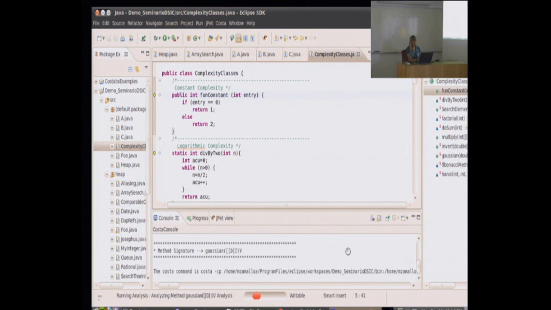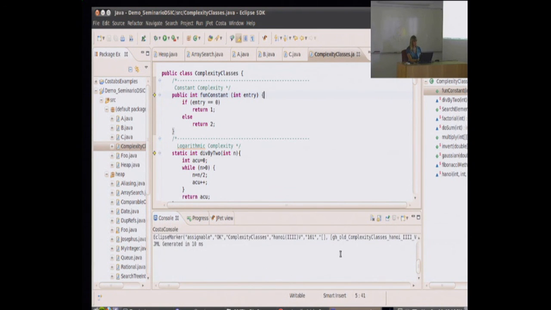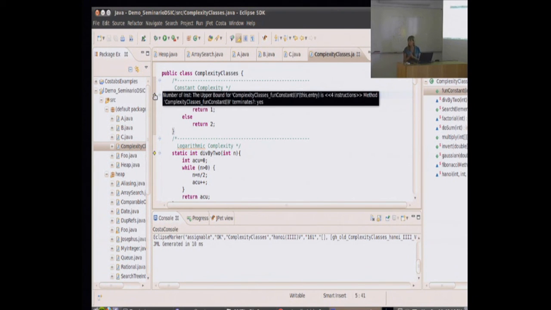So it has started here, and it is analyzing one method after the other. When it finishes, I have here in these warnings the complexity that it has inferred.